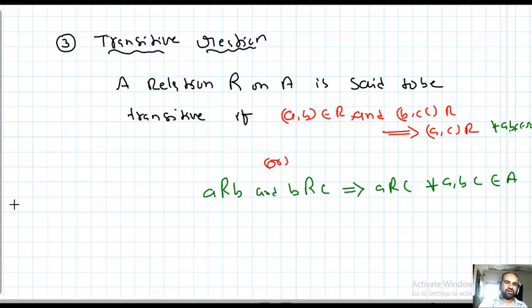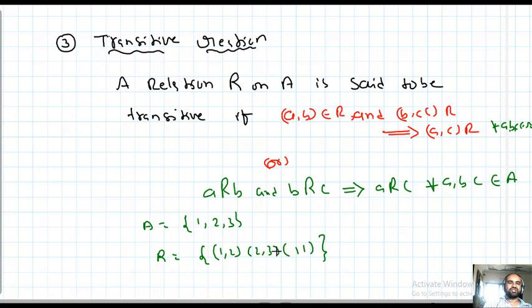Okay, I will explain through an example. For example, A is given as 1 comma 2 comma 3. Automatically A cross A will have 9 elements. I don't want to write them. R is taken from that: 1 comma 2, 2 comma 3 and 1 comma 1, for example. So we want to check whether it is transitive or not. How to check transitive?